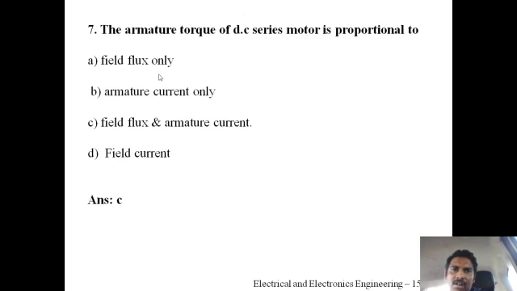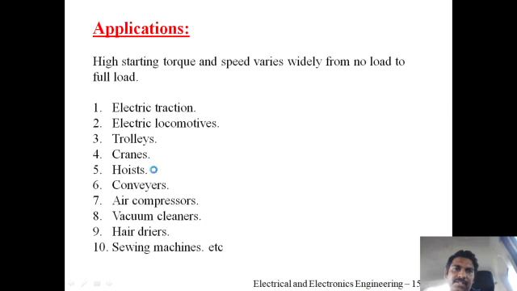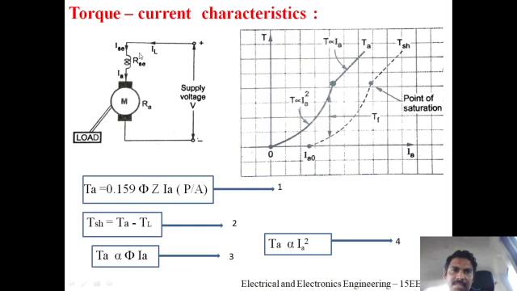The armature torque of a DC series motor is directly proportional to Ia square, we have seen. So here what he has given: field flux, armature current, field flux and armature current, and field current. If you observe, you can go for option C, that is field flux and armature current, because if you go back and see the torque equation, the armature torque is directly proportional to flux and also Ia.